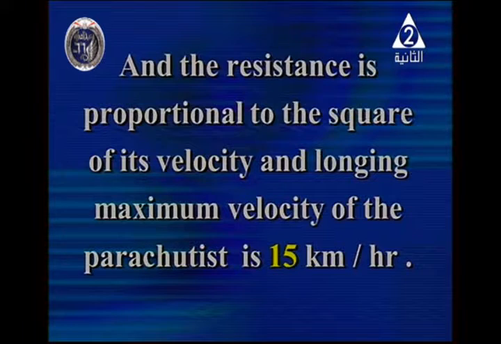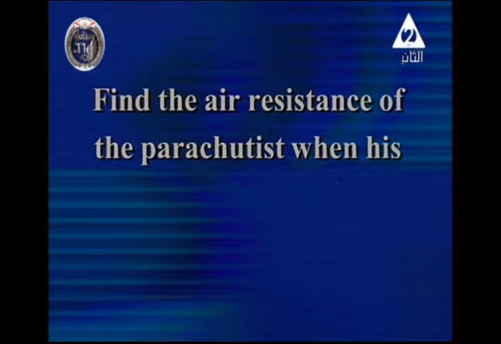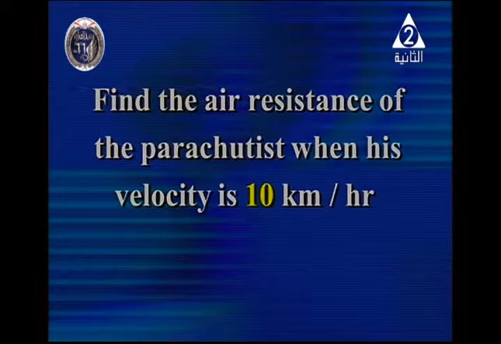Remember, dear student, resistance in this case is proportional to the square of its velocity, and the maximum velocity of the parachute is 15 kilometer per hour. What is required? Find the air resistance of the parachute when his velocity is 10 kilometer per hour.